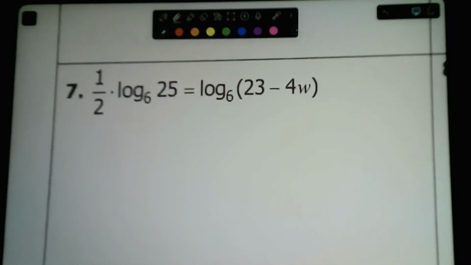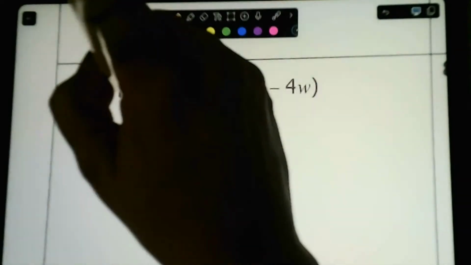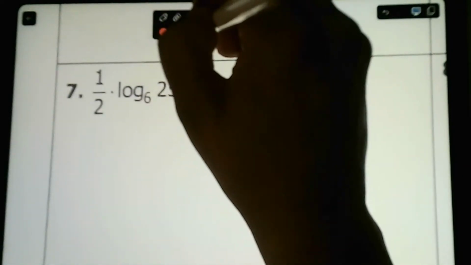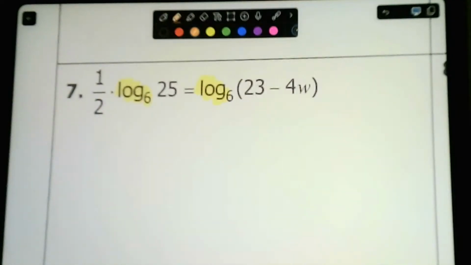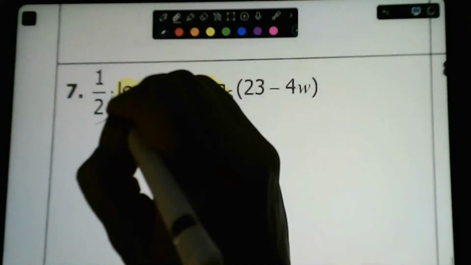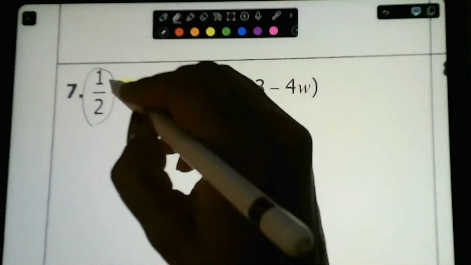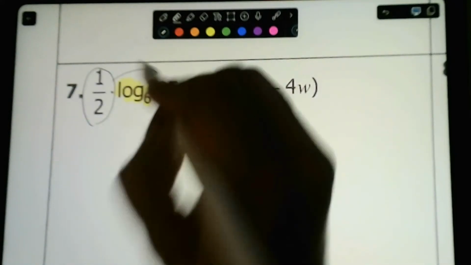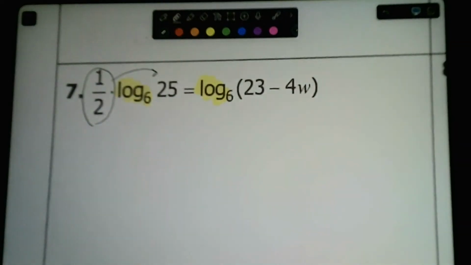All right, I'm going to have to apply my laws and properties of logarithms. As I'm looking at this, I notice that there's really only 2 logarithms in here. So really, all I have to do is find a way to get this coefficient into the logarithm and we'll be fine.